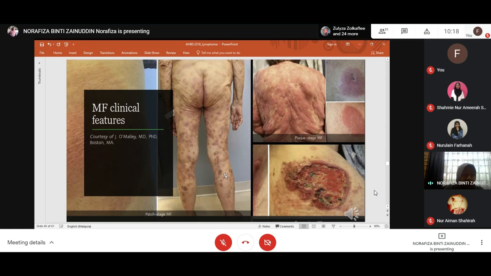The patches are flat to atrophic lesions, usually erythematous with variable amounts of scale, and can resemble eczema. Atrophic lesions have a cigarette paper wrinkle appearance. And the plaque stage here, the plaques are raised or indurated lesions.